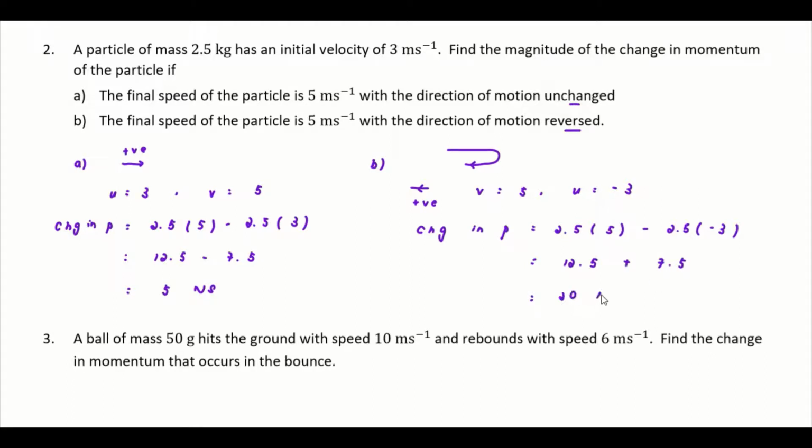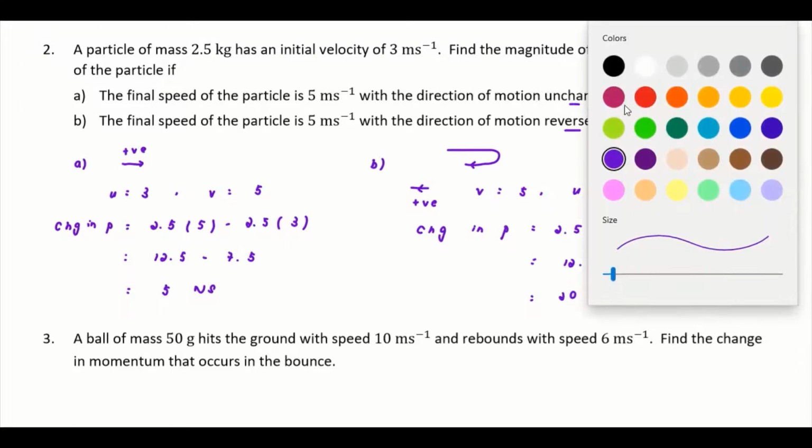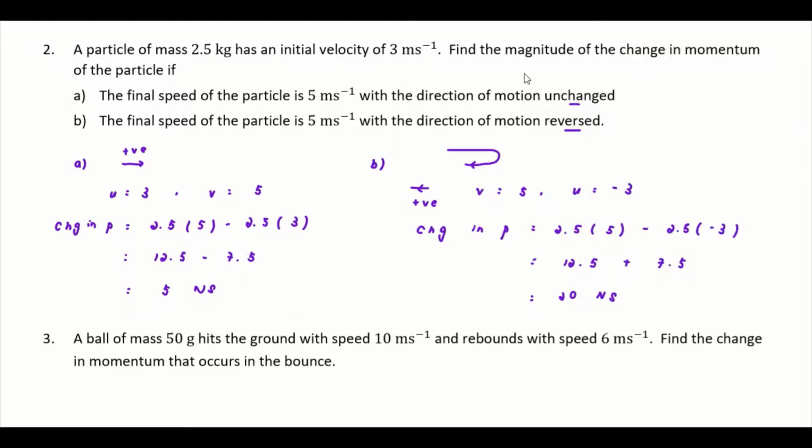So you see how important the direction is, because that will actually give you a different answer in the magnitude. This question only wants us to find the magnitude, so no matter whether you get negative or positive, the magnitude is still 20. Imagine if you are doing it another way. I'll use a different color here. If you take this side as positive, then your v will be negative 5, right?